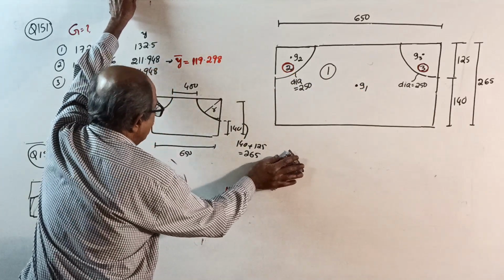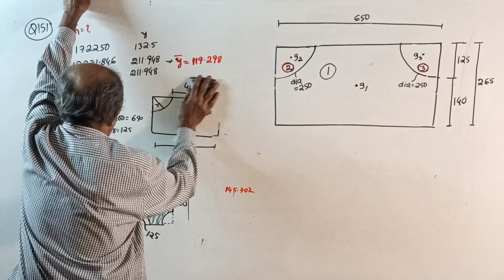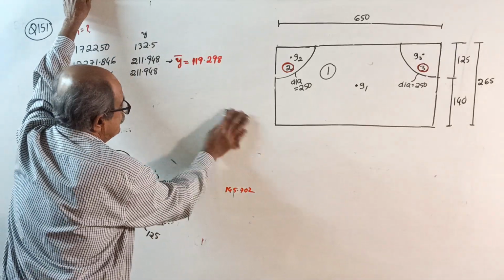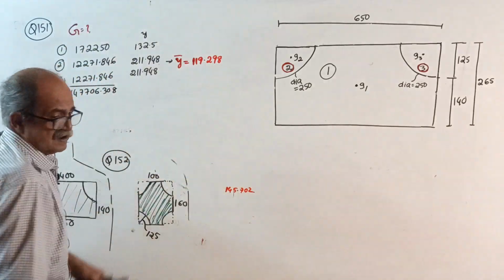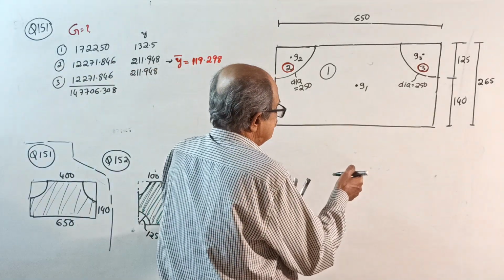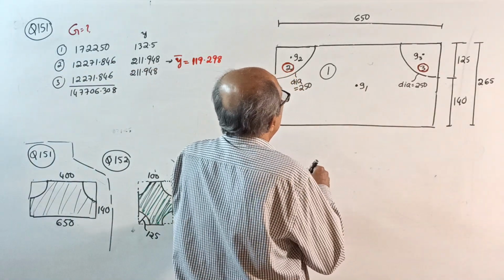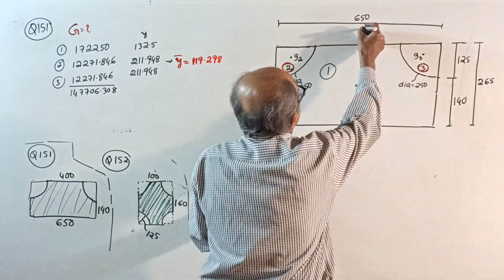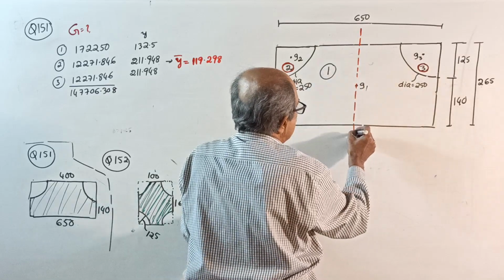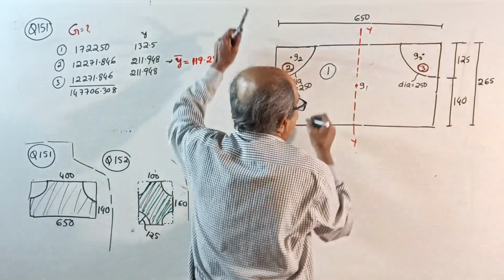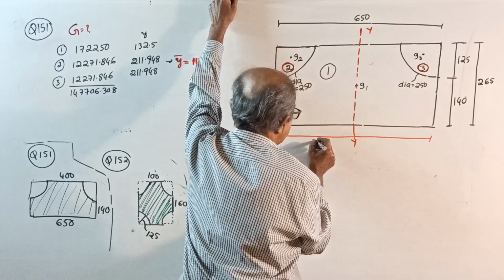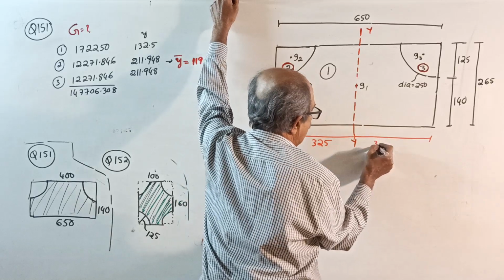Now, to locate the centroid, remember symmetry is there. So YY we will mark directly, without any calculation. If that is 650, each will be 325, 325. Direct answer, no calculation required.